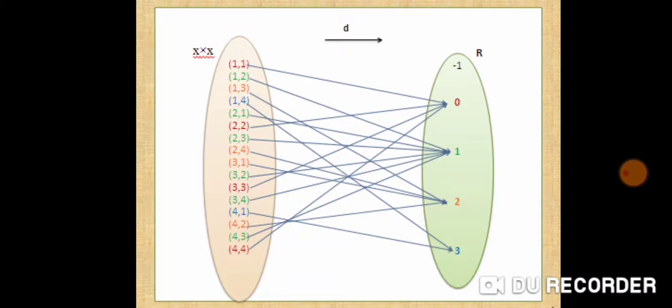The third condition is that the distance from x to y is the same as the distance from y to x. Consider (1,2). (1,2) maps to 1 and (2,1) also maps to 1.